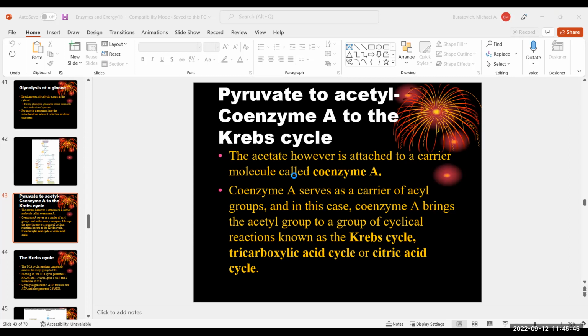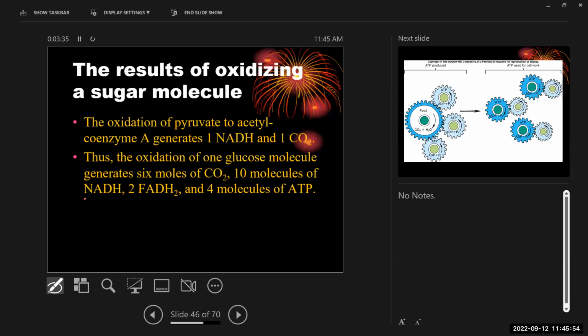Now, you have a problem as an organism. You want to know what that problem is? See these reduced carriers? You can't oxidize any more glucose until you unload those high energy electrons. Otherwise, you don't have any carriers to accept high energy electrons from any more glucose. So you need to get rid of those.